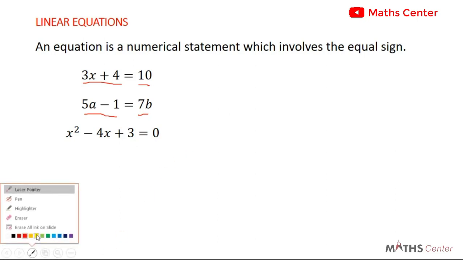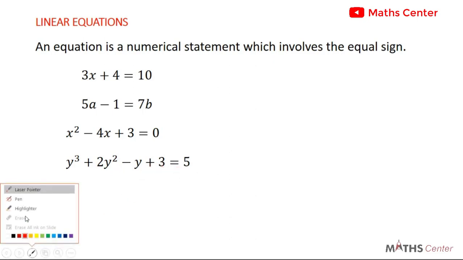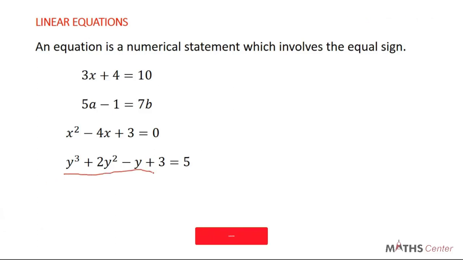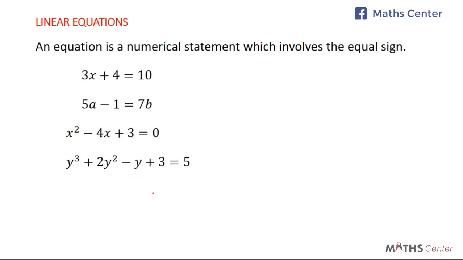Another example of an equation is y exponent 3 plus 2y exponent 2 minus y plus 3 is equal to 5. So in this case too, the expression that we have on the left hand side is being linked to 5 by the equal to sign. So the whole statement here is called an equation.